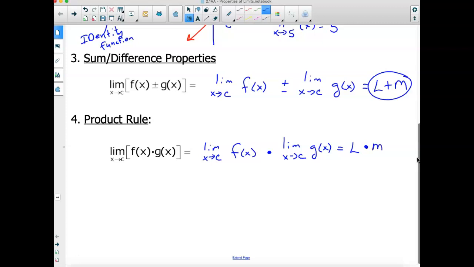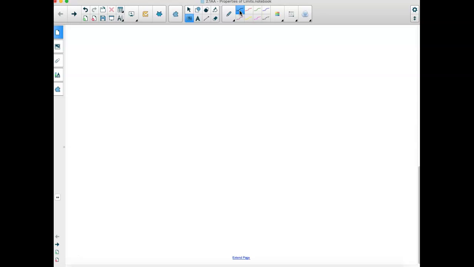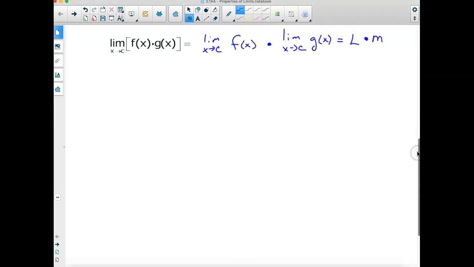So, okay, great. I'm still really confused, Mr. Kruger. Would you please do an example to make sense out of all this? Oh, I would be happy to. Let's do a quick example here. And my example is going to be as follows. What is the limit as x approaches 2 of 5x squared plus 3x minus 4?